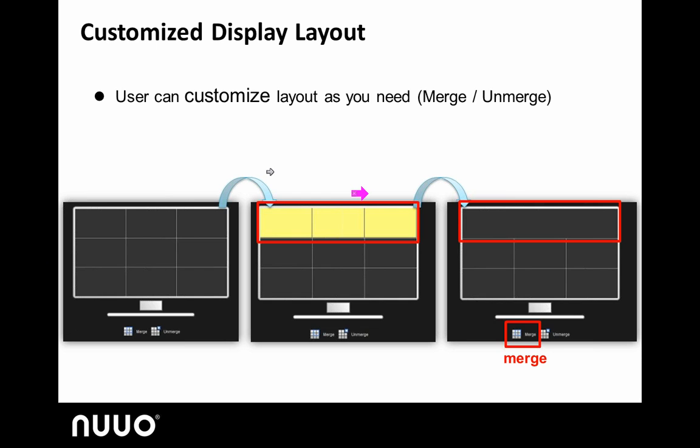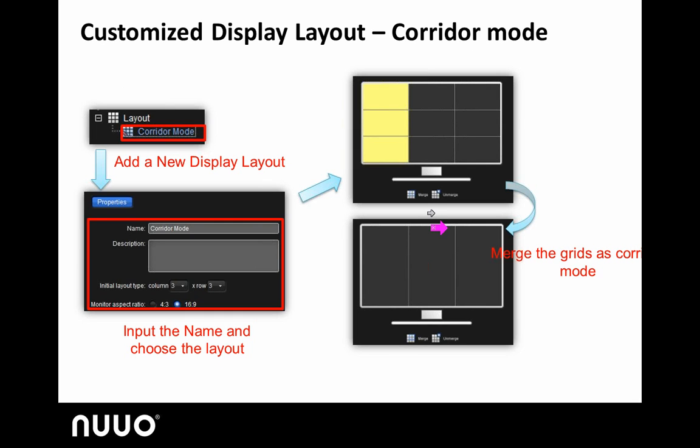But now with the customized display layout, you can actually merge some of the channels, like here. You can merge them into a big channel. So it's really flexible for a user to customize the layout as he wants. And this is a small example. For example, we know that some cameras have a corridor mode.